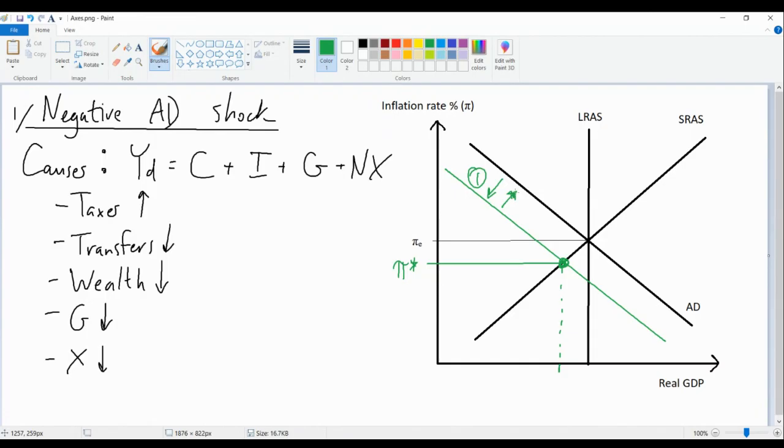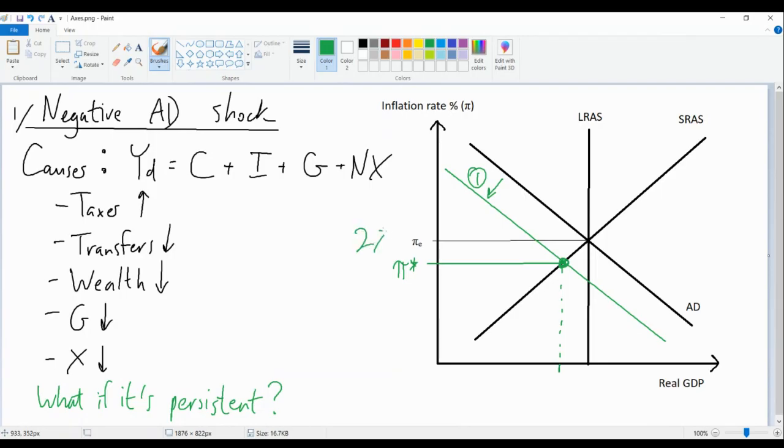But what if it's a persistent change instead? Well, if it's persistent, then the people who live in this economy are observing month after month, inflation is coming in at a value that's lower than they originally expected.